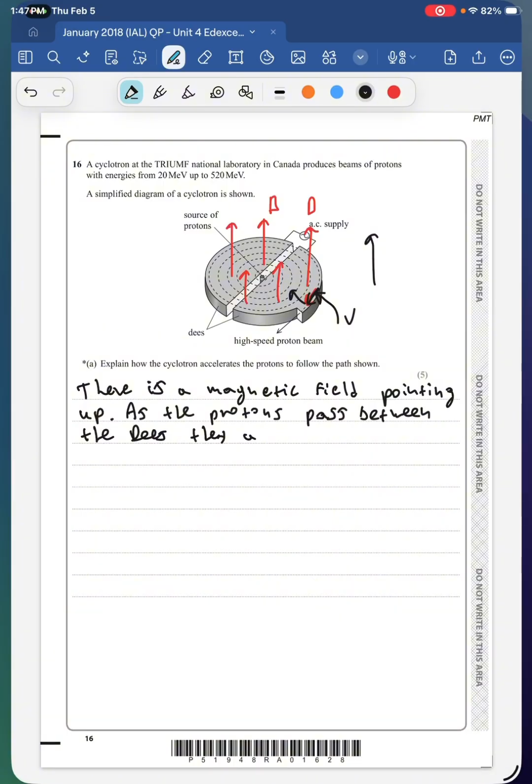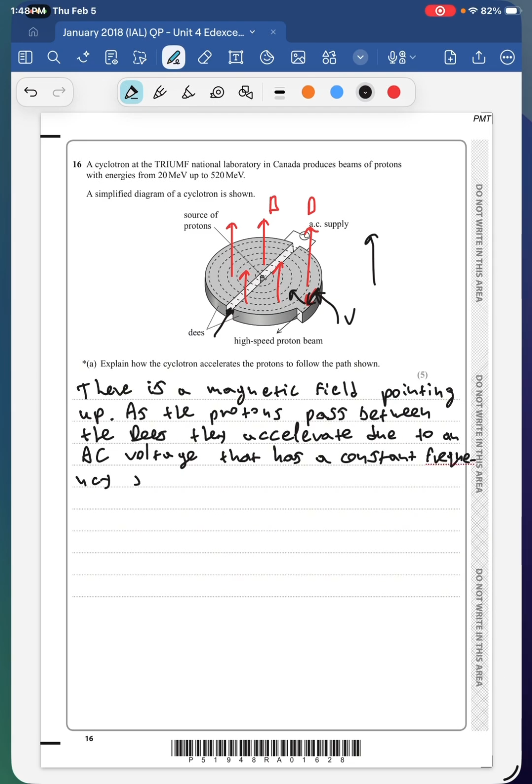So there is a magnetic field pointing up. As the protons pass between the Ds, in this region where there is no magnetic field, they accelerate due to an AC voltage that has a constant frequency, so that it always accelerates the protons.